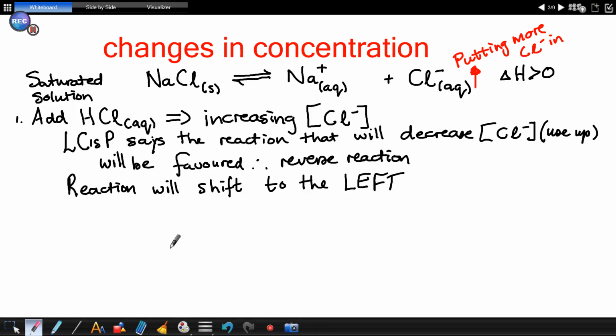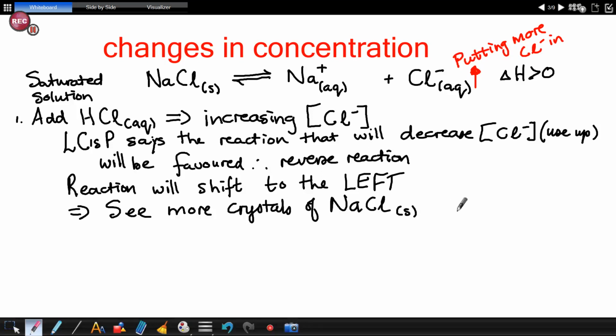So what will we see? We will see more sodium chloride crystals forming.